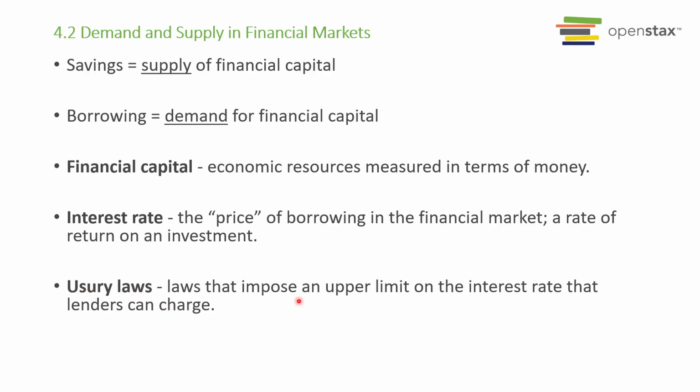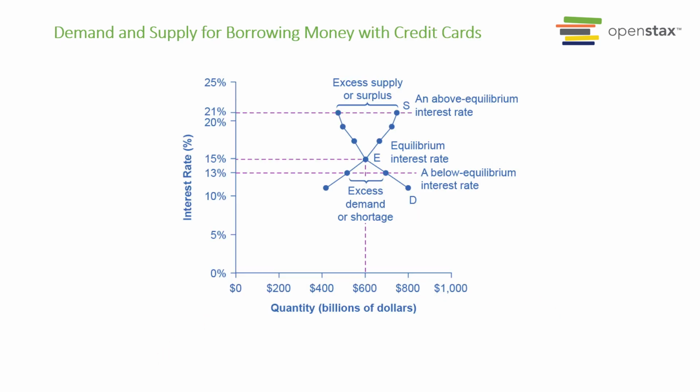These are laws that impose an upper limit or a ceiling on the interest rates that lenders can charge. So here is an example of the supply and demand for financial capital, and we're going to use the framework of credit cards to illustrate that.